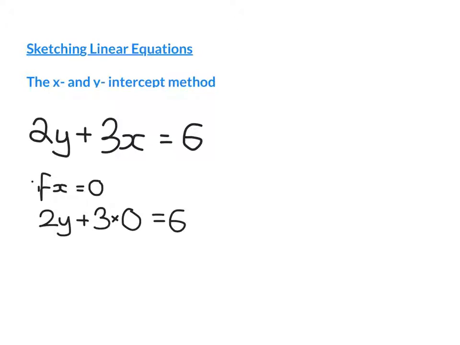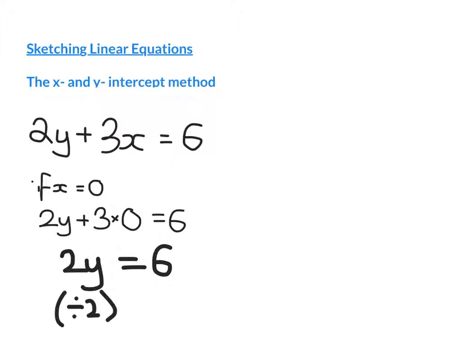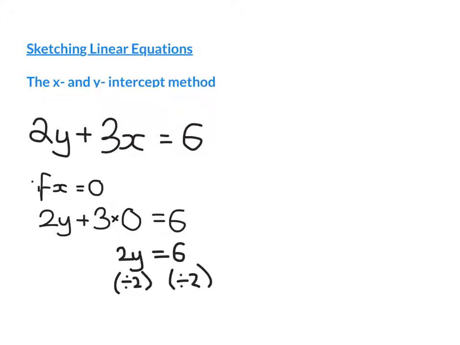Anything times 0 is 0, so we can rewrite this as 2y is equal to 6, and then to find the value of y on its own, if we divide by 2 on the left hand side, we have to do it to the right hand side of the equation, and we can find that the value of y is equal to 3.